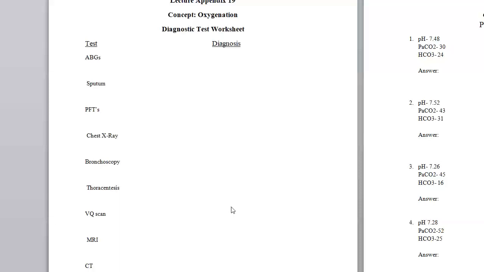Now we're going to get into a little bit more detail about arterial blood gases in just a few minutes, but this is a very, very important and very useful blood test. And remember that the blood sample comes from the arterial side of the system, okay? It provides a direct indication of oxygen and carbon dioxide exchange, and also talks about the pH of the blood as well.